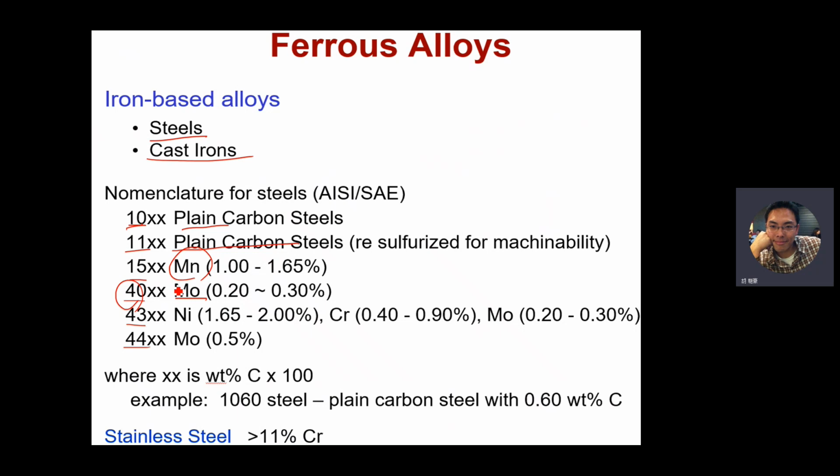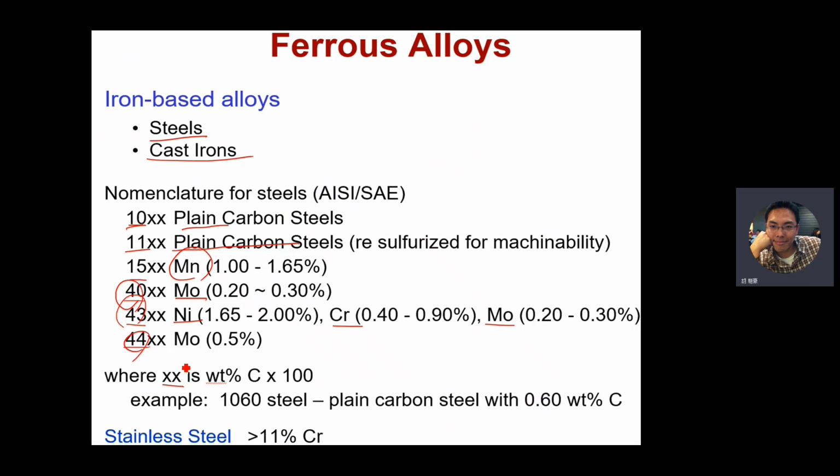content within 0.2 to 0.3 weight percent. 43 has nickel, chromium, and molybdenum content. And 44 has the alloying element of molybdenum. The double X is the weight percent of carbon.